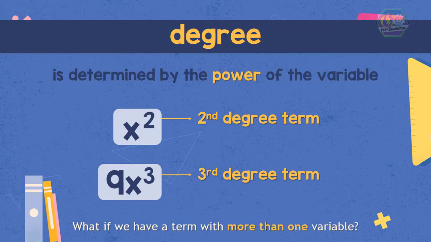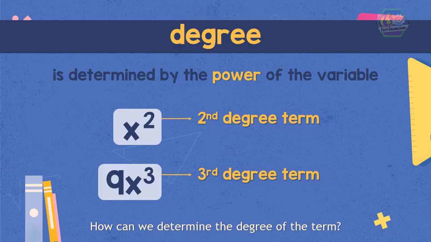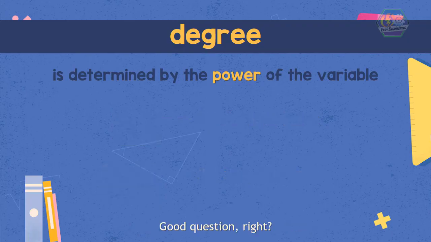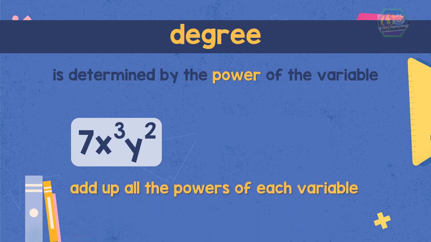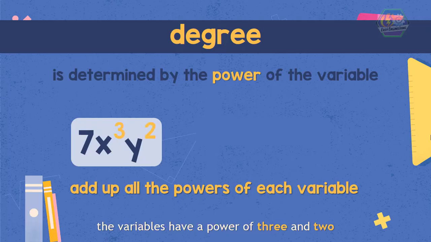What if we have a term with more than one variable? How can we determine the degree of the term? Good question, right? Now if we have a term like this, all we have to do is to add up all the powers of each variable to get the degree of that term. So in this case, the variables have powers of 3 and 2.